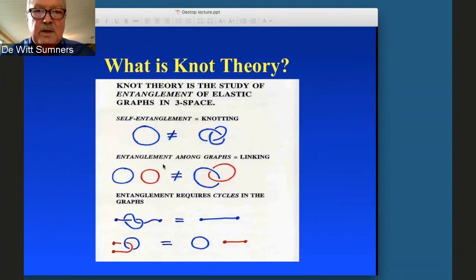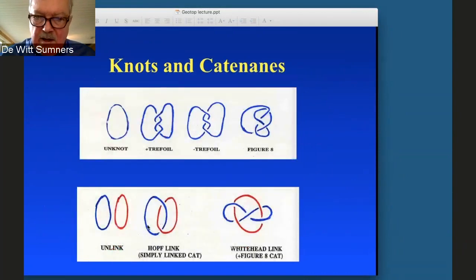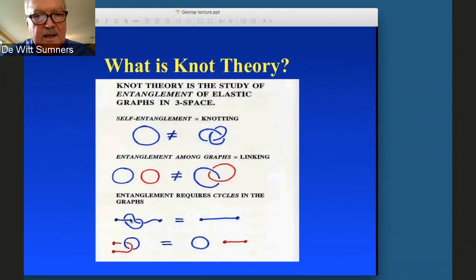You can have entanglement among graphs. You can have circles that link with each other like links in a chain. This is the Hopf link. You can also have entanglement in linear things. Here's an arc that has a knot in the middle of it. But of course, as a topologist, you can thread the ends back through the middle, and you can convert this picture to a straight picture, which is unknotted.